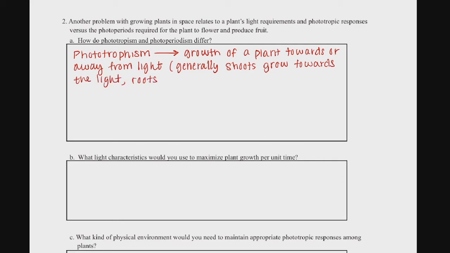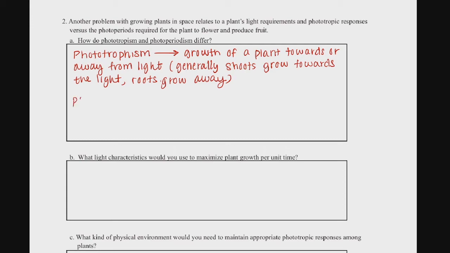Roots grow away. And so, again, this response is because of the asymmetric distribution of auxin. So that's what phototropism is.